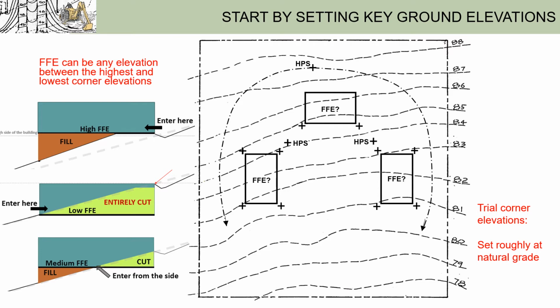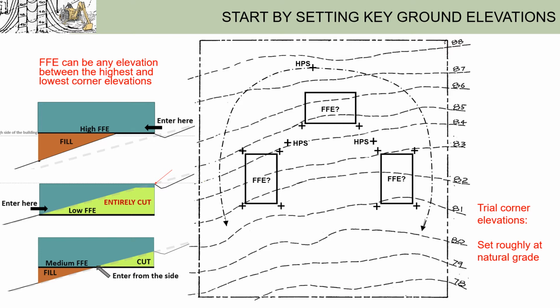Because these trial elevations set roughly at natural grade will give you a start that tends to minimize the earthwork needed, right? Because we set the goal here to be maintaining the original grade for the corners. Again, try to estimate, no need to calculate.